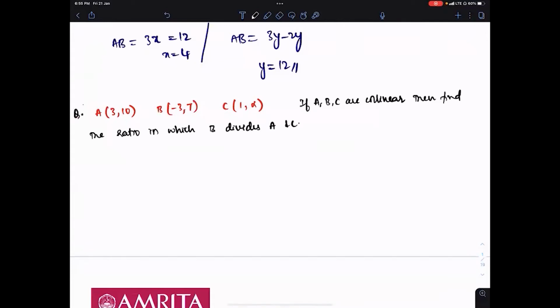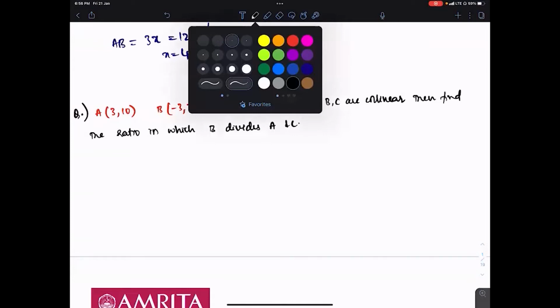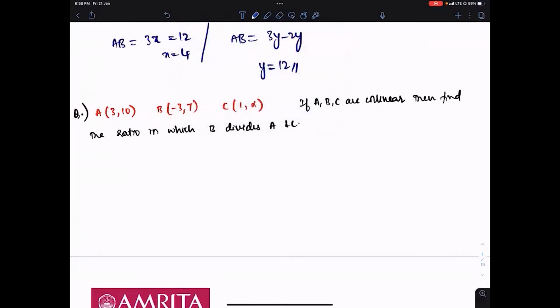A, B, C are collinear, find alpha. We know how to do that also. Anyway, we'll be coming across that example also. So now in this question, they are just asking in what ratio B divides A and C.